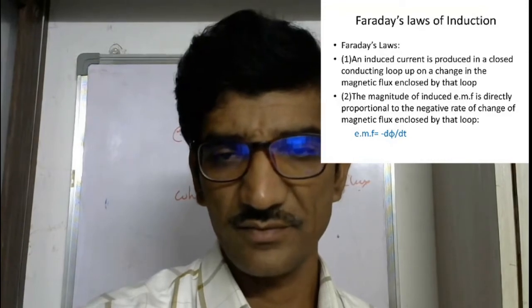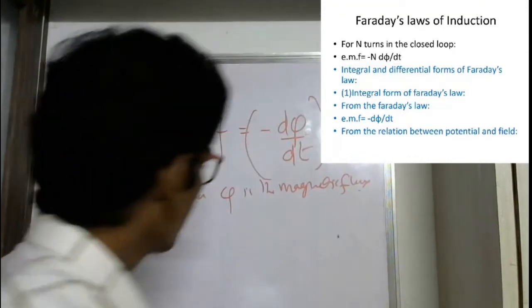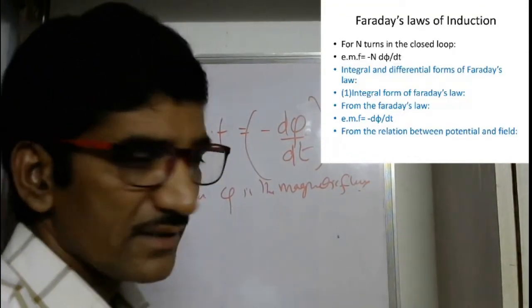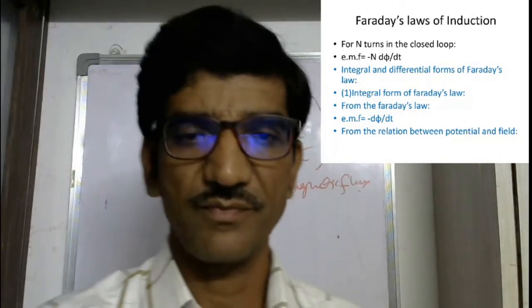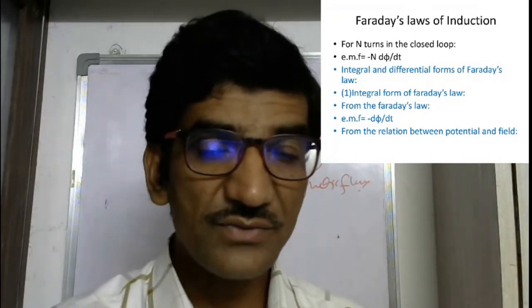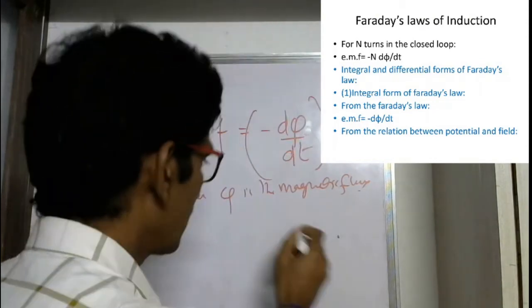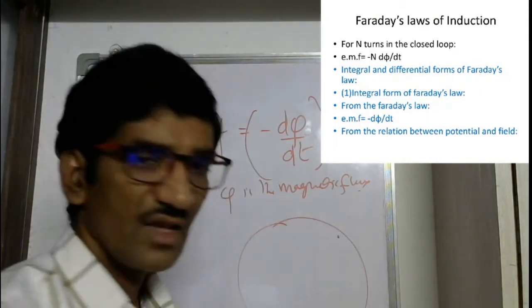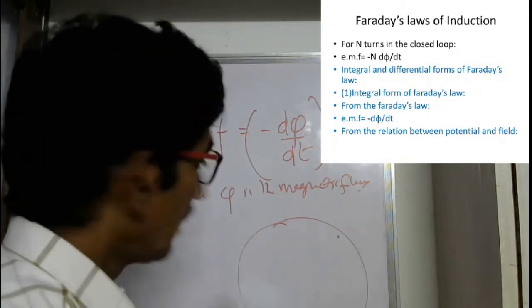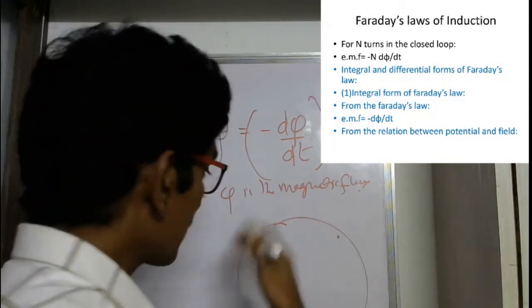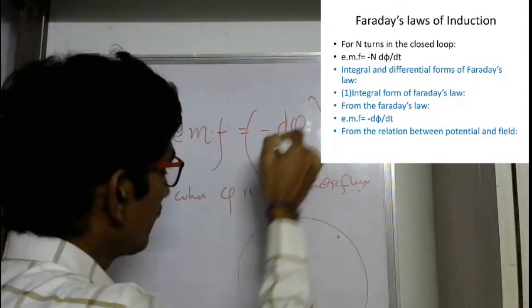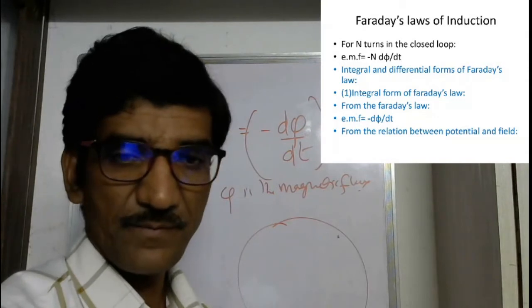First, let us discuss the integral form of this Faraday's law. Before that, we are taking a coil. If it is of only one turn like this, then the EMF induced in this coil will be given by EMF is equal to minus d phi by dt.